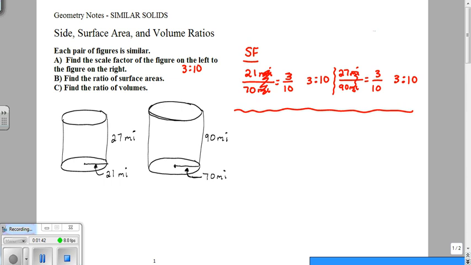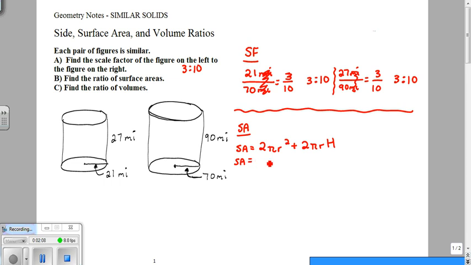Now the ratio of my surface areas. So I have a little bit of a calculation to do here. We have surface area equals 2 pi r squared plus 2 pi r times the height of the solid.